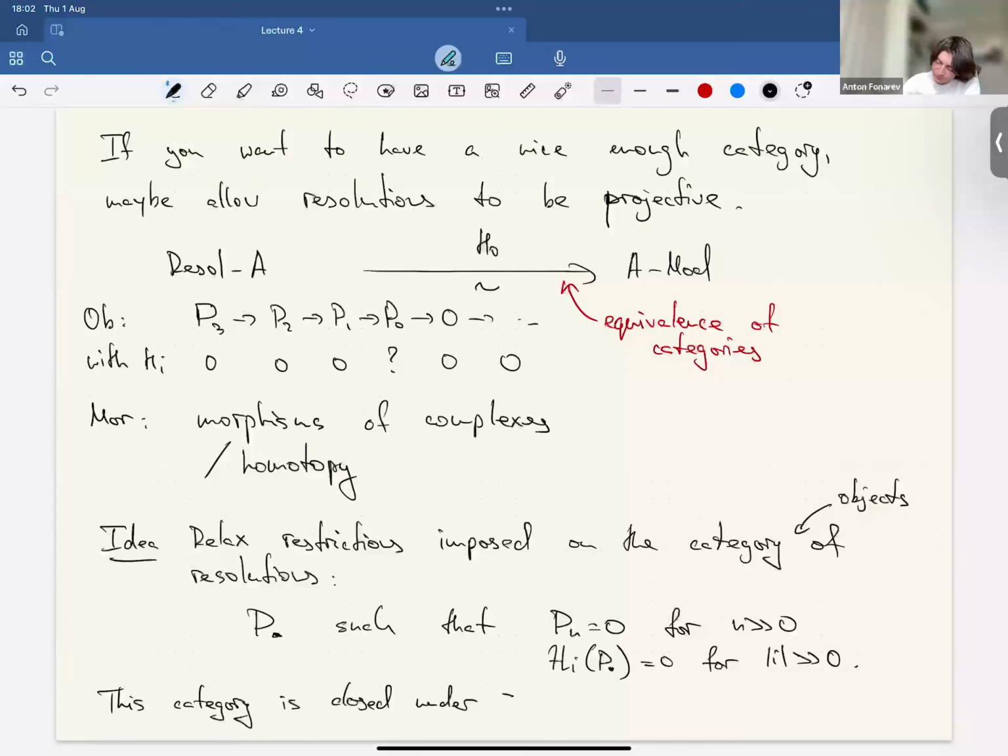First of all, it's closed under the shift operation, where if you shift a module by t, you just renumber, so it's p of i plus t. So there's this very common shift operation. And what is called, wait a second, taking cones.